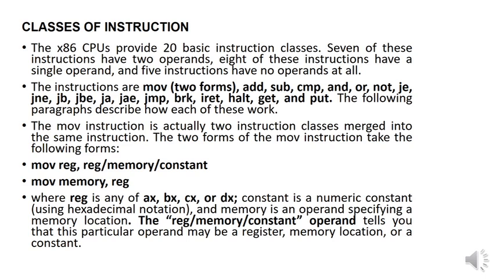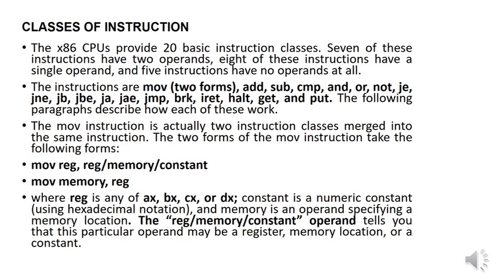Constant is a numeric constant using hexadecimal notation, and memory is an operand specifying a memory location. The reg/memory/constant operand tells you that this particular operand may be a register or memory location or a constant. Do you understand what they are trying to say there?